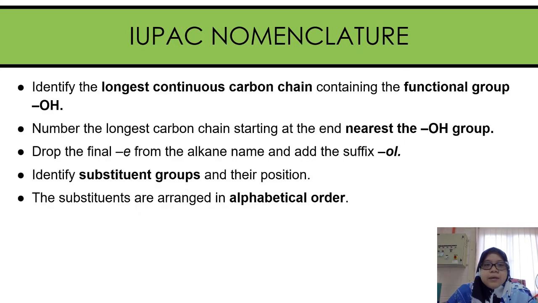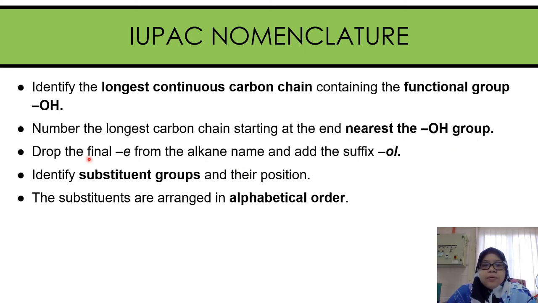So for the IUPAC name, first, as usual, we need to identify the longest continuous carbon chain containing the functional group. So our functional group is OH. And then we number the longest chain starting at the end nearest to the hydroxyl group.